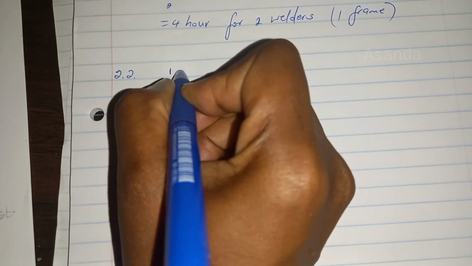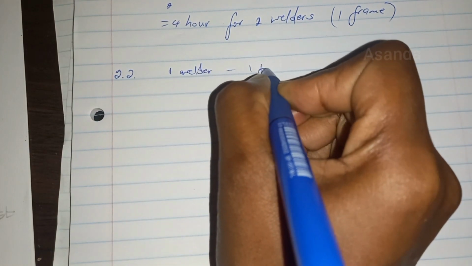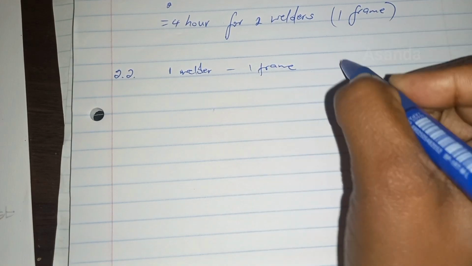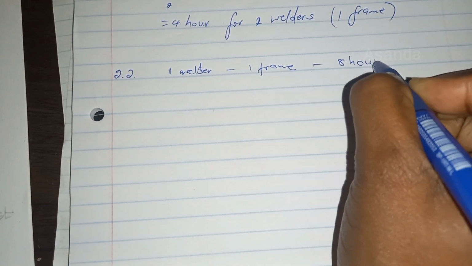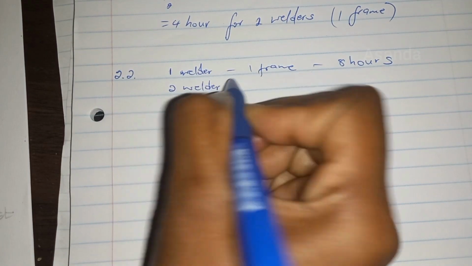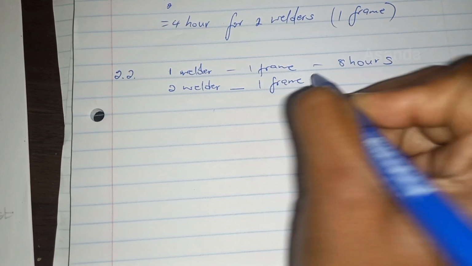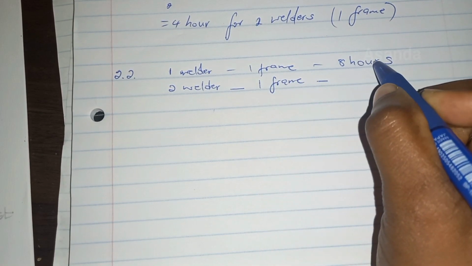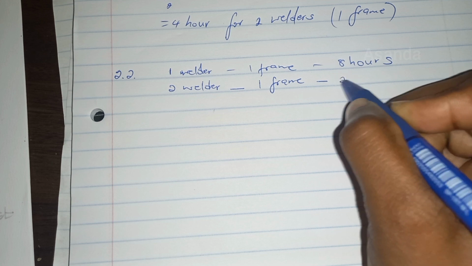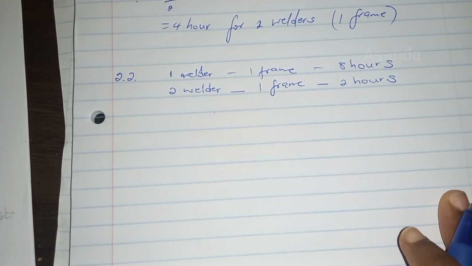So 1 welder makes 1 frame in 8 hours. 2 welders will make 1 frame in 4 hours. Just to see it in my own hours.